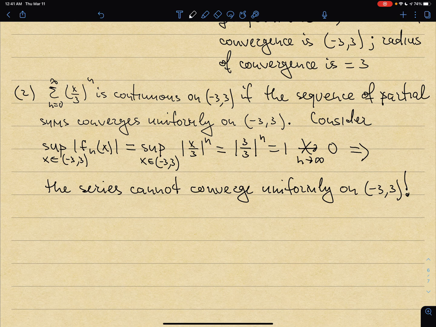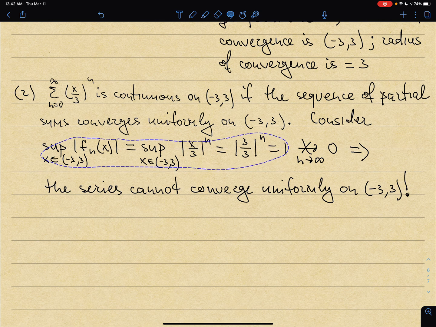So what can I do to see if maybe I can say something about continuity? The idea is, if I look at this computation that I just did, it checked directly for the uniform convergence of the absolute values of the terms on the interval from -3 to 3.